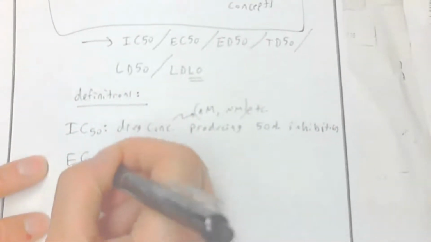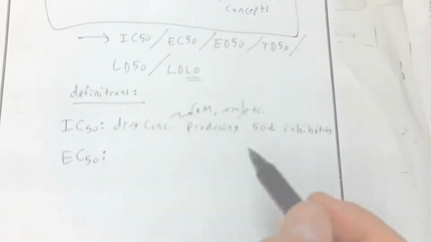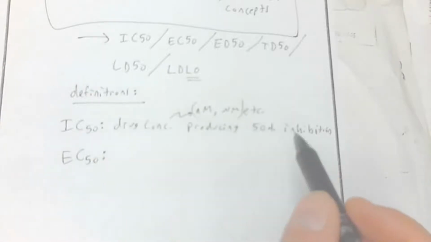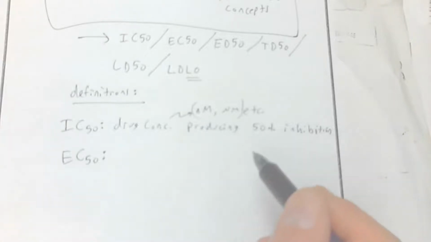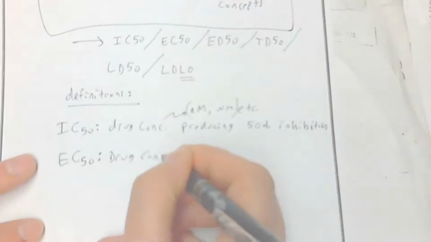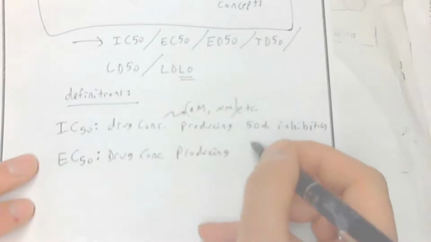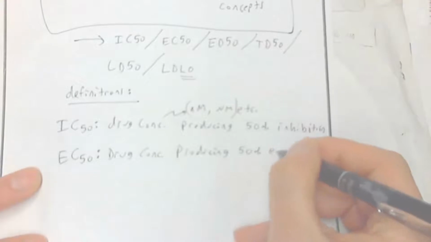And what does EC50 mean? Anybody know what EC50 is? It's something about 50% something, right? Anybody ever hear that before? EC50. And how might it be different than IC50? EC50 is a drug concentration as well, producing 50% effectiveness.